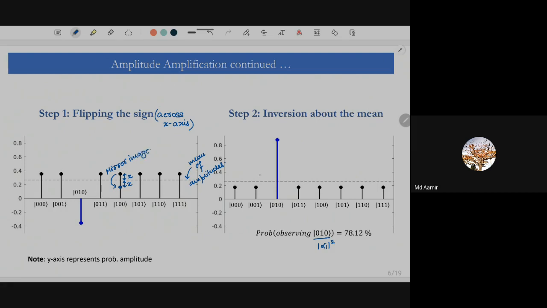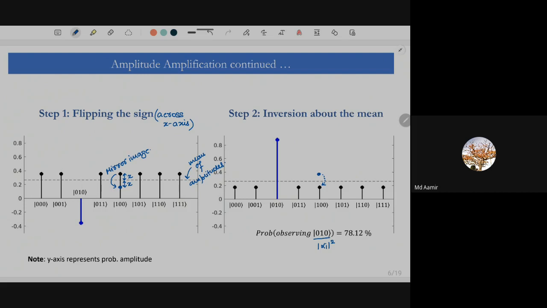Earlier it was here, but now it went to here because we take the inversion about mean. Note that when we are taking the inversion about mean, the probability amplitude is actually decreasing for all the other elements, represented in the black dots, except this required element, the one which we want, which is the blue.